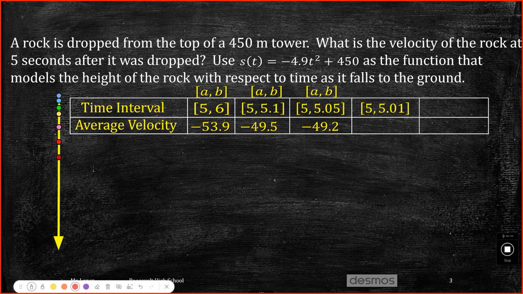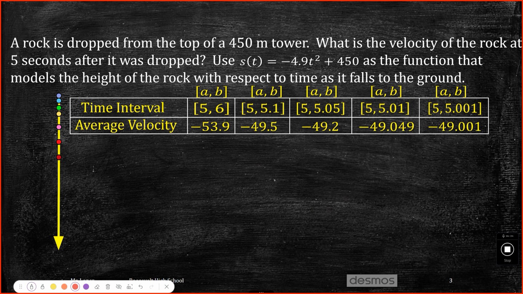So if you learn how to use the calculator, the answer is negative 49.049. And let me just give you the next one, 5.001. And the answer will be negative 49.001.